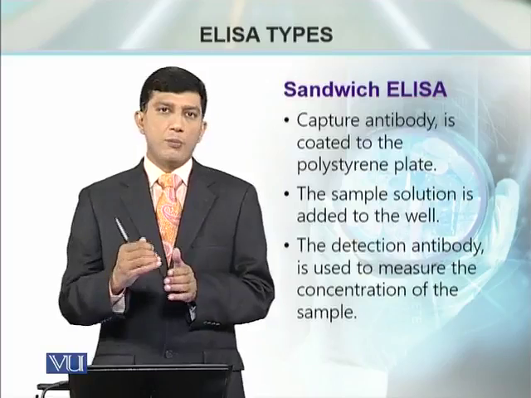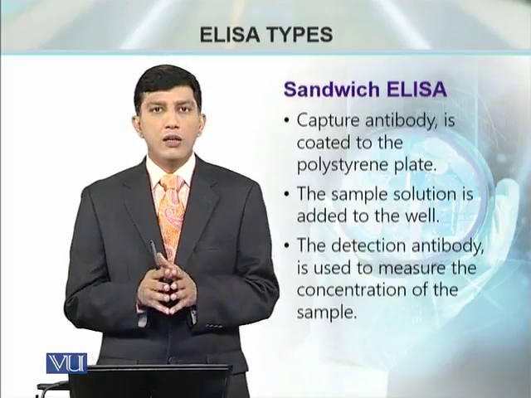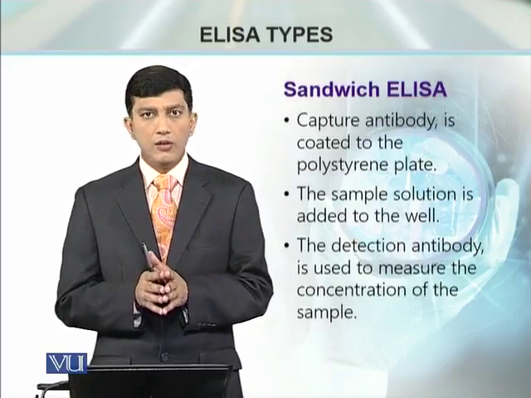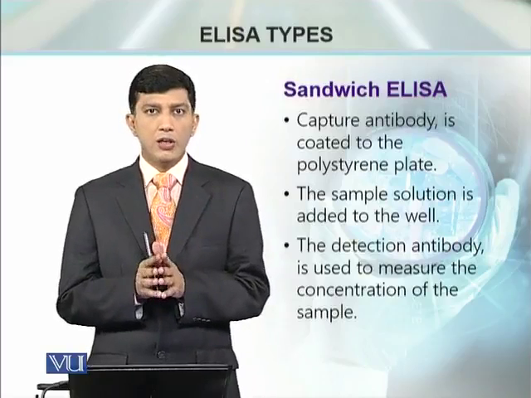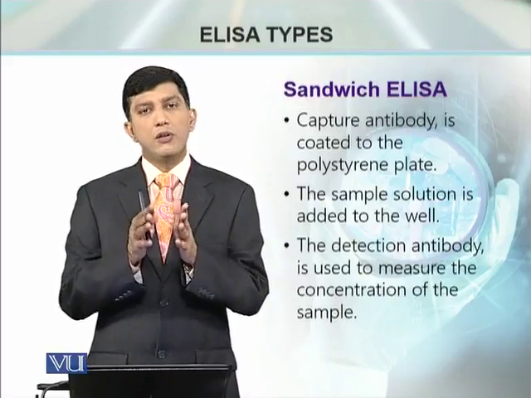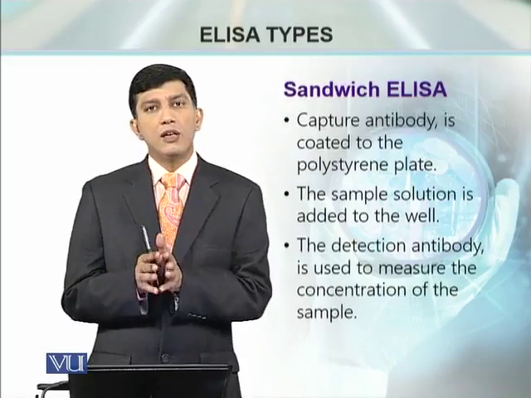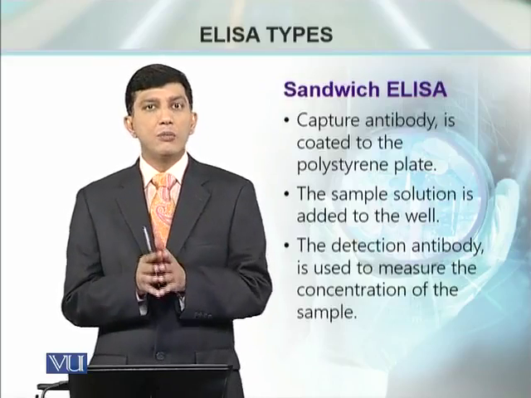And in the second step, we are going to add the detection antibody, which is also a primary antibody, but this is complementary, or this will recognize a different part of the same antigen.